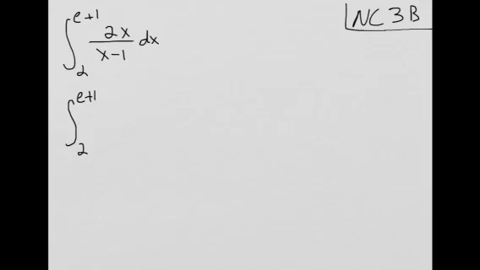I currently have a 2x right there, so I'm going to rewrite that 2x. I can write it as 2 times x minus 1 over x minus 1.